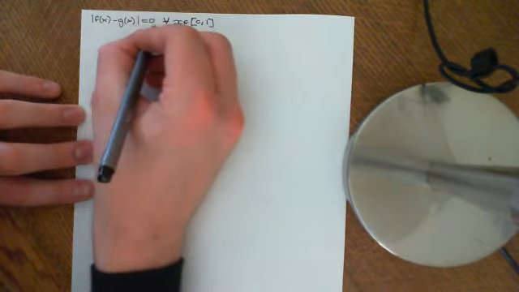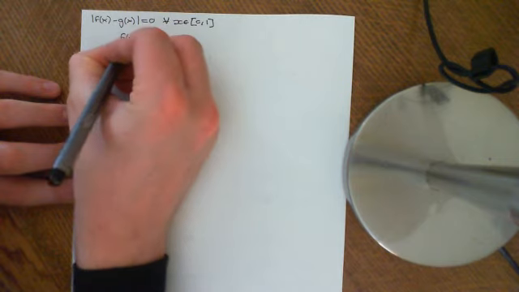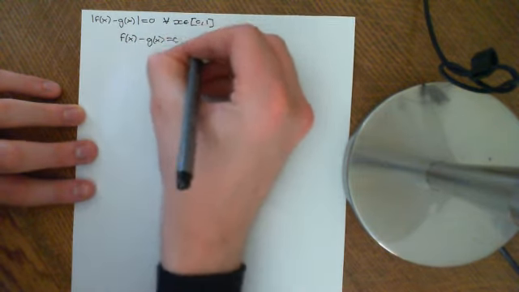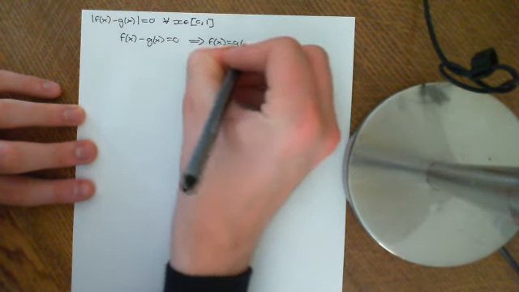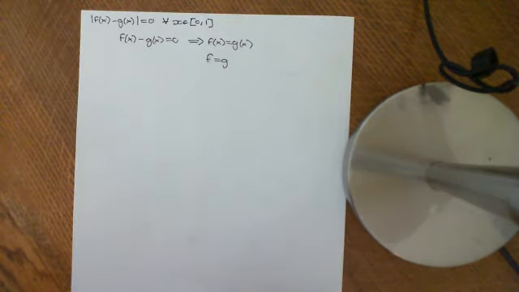Since the modulus is only equal to 0 if the thing that you're taking the modulus of is itself 0, it implies that f of x minus g of x is equal to 0, which implies that for all x an element of [0, 1], f of x is equal to g of x, which implies that the function f is actually equal to g on the entire interval [0, 1].